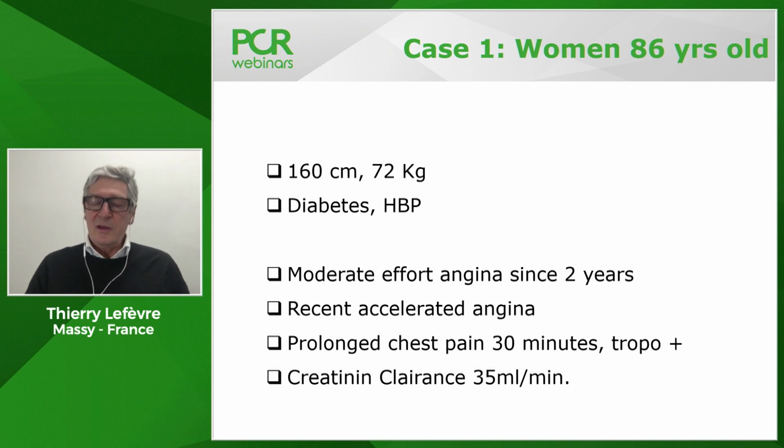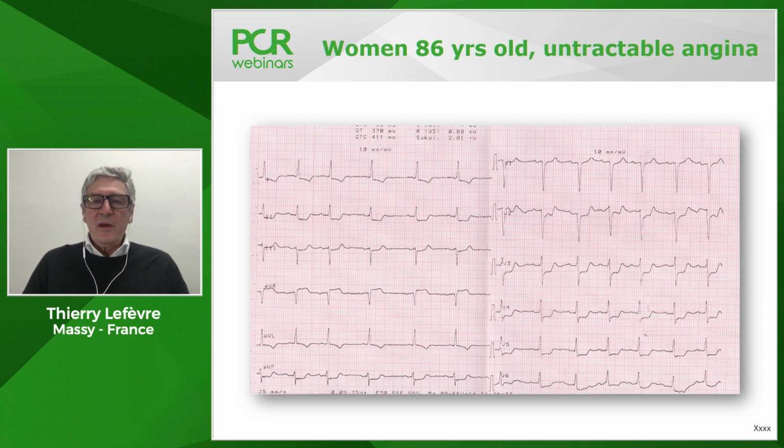This is usual in this kind of old patients. Now, this is the EKG 1 hour after this prolonged chest pain, and you can see that there is a huge ST segment depression with some ST segment elevation in aVR. So it means that it's really a severe coronary disease.